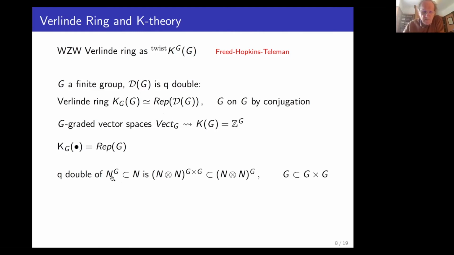If I start off with the inclusion which represents the group, now the quantum double of that inclusion is given by this inclusion of fixed point algebras on the product, where this G sits inside G cross G through the diagonal embedding.